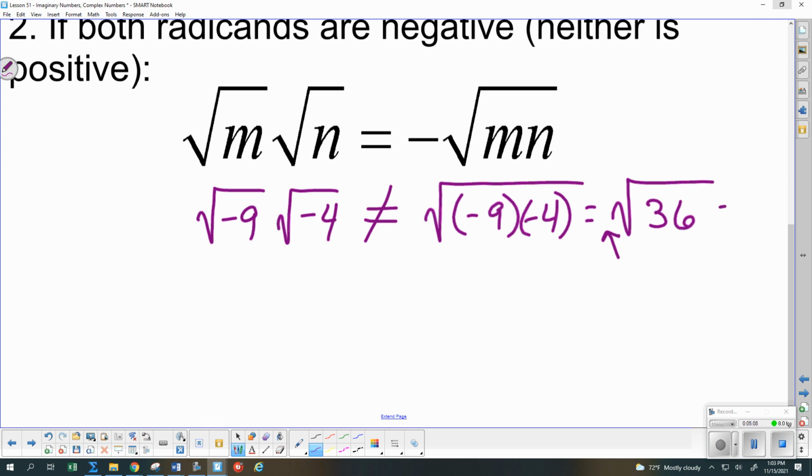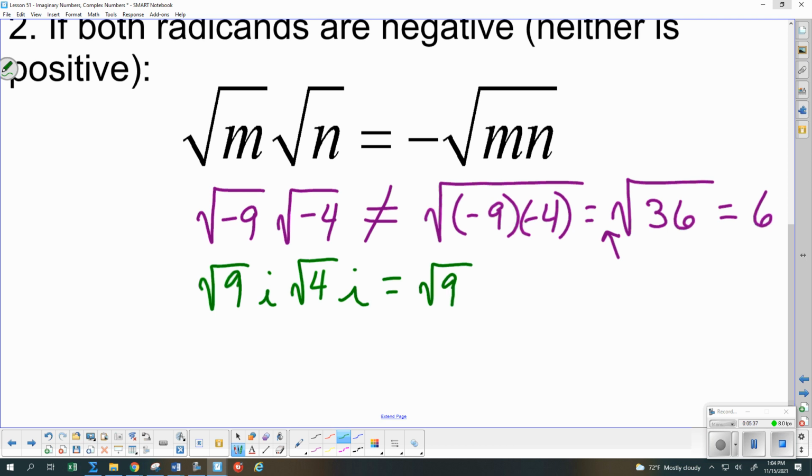So that means positive 6, but 6 is not the correct answer to that problem. What you must do whenever you have square roots of negatives is first rewrite it as the square root of the positive times i. Then go from there and you'll be fine. Just remember, first deal with the i before you do anything else on the problem.